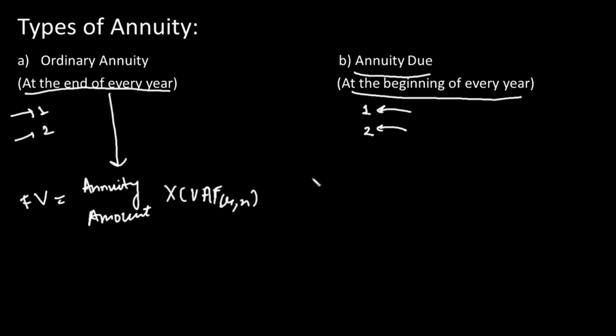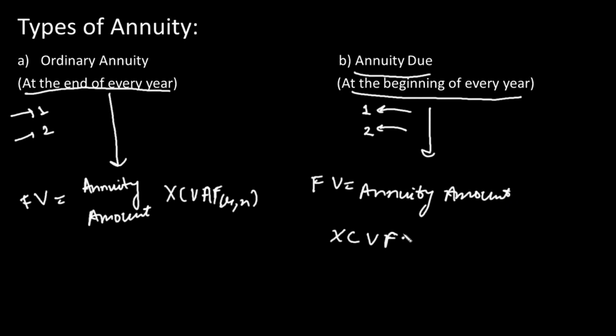This one is basic. But in this one, annuity due, future value is calculated as annuity amount into CVAF into CVF R and N. Because basically इसमें एक साल is getting added, right?